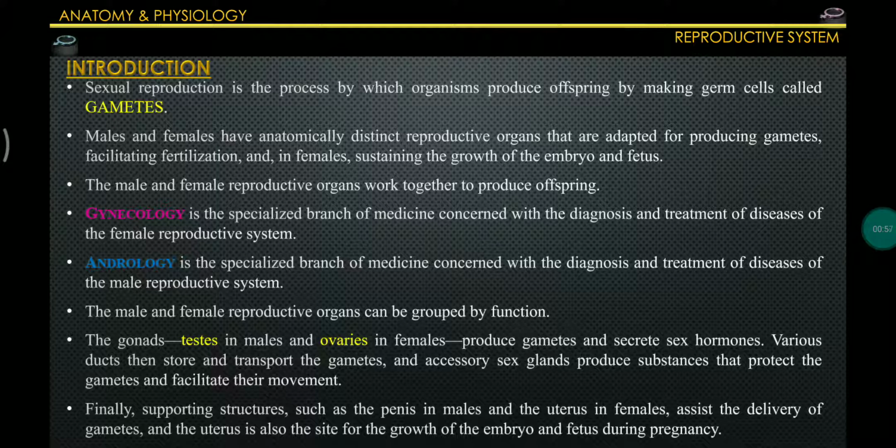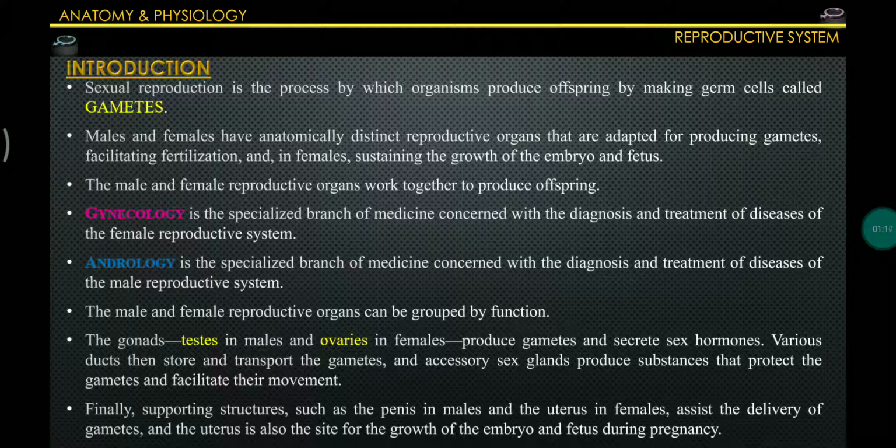Gynecology is the discipline of science which helps in the study, diagnosis and treatment of diseases related to the female reproductive system, whereas andrology is for the male reproductive system. The male and female reproductive systems are separate organs.